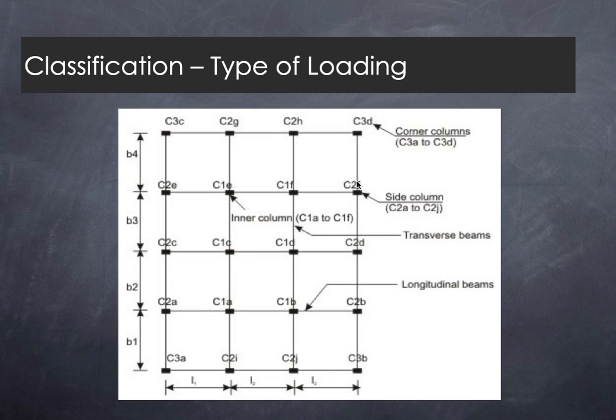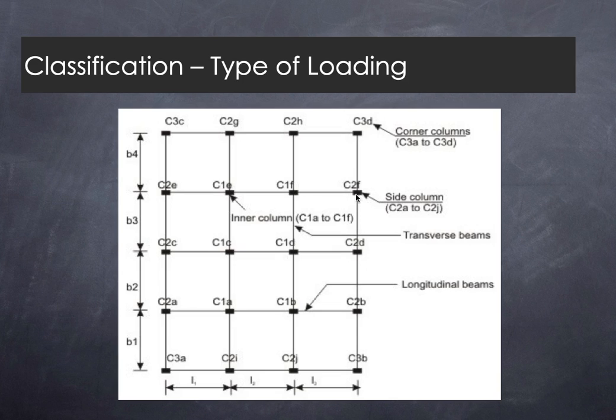Whereas if I consider this side face column, what is happening? This beam and this beam both are in line. So the reactions of these beams concentrically pass through the centroidal axis of the column, so it is not giving any eccentricity. Then where is the eccentricity?